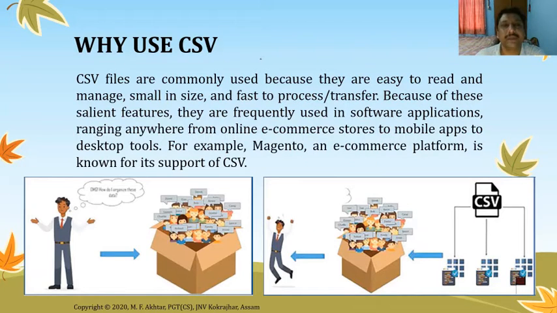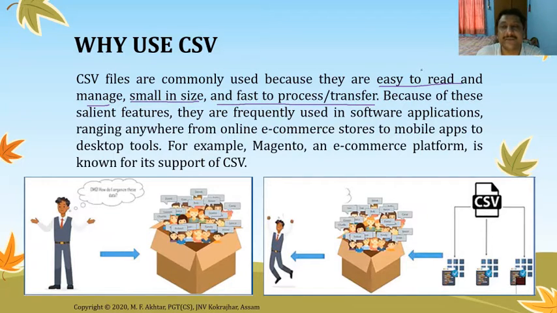Why do we use a CSV file? We should know these things. CSV files are commonly used because they are easy to read and manage, small in size, and fast to process or transfer data.